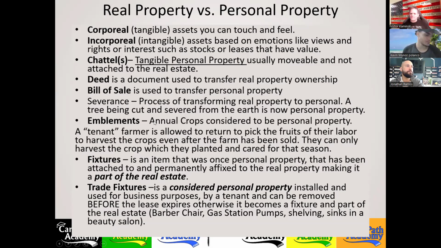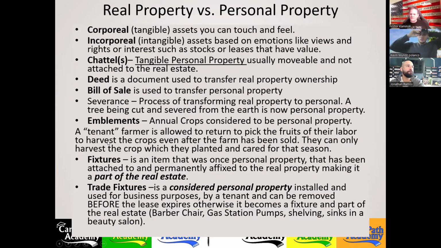An emblement, well, this is a term you'll probably get, these bolded ones. Emblements are annual crops like wheat, corn, and garden vegetables that need to be planted every year. Otherwise, they don't come back on their own. They are considered personal property.